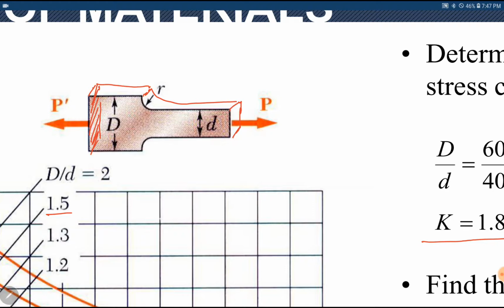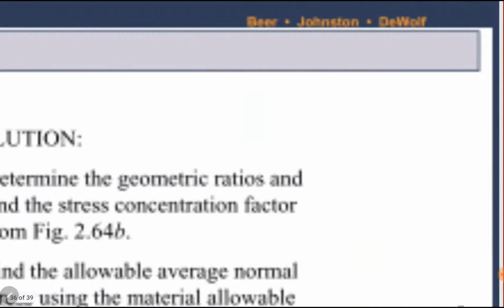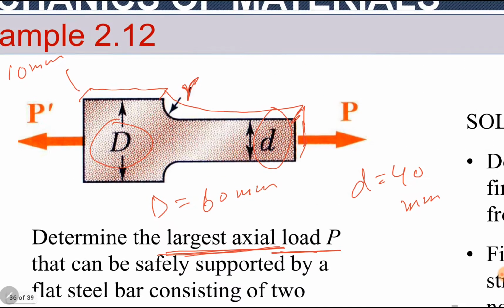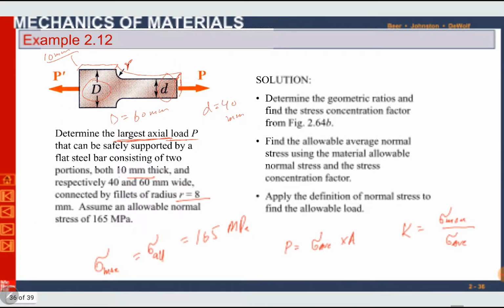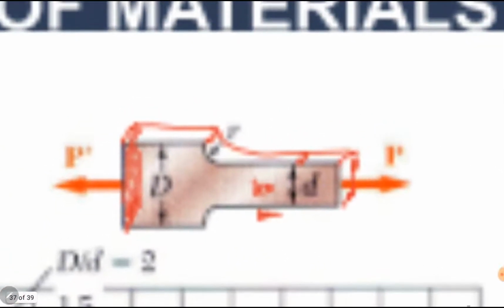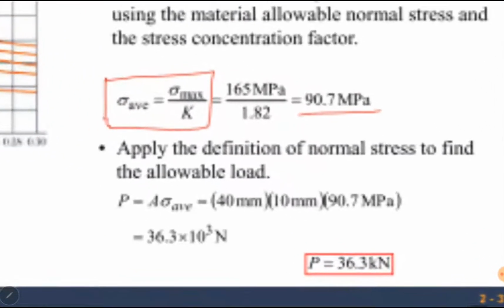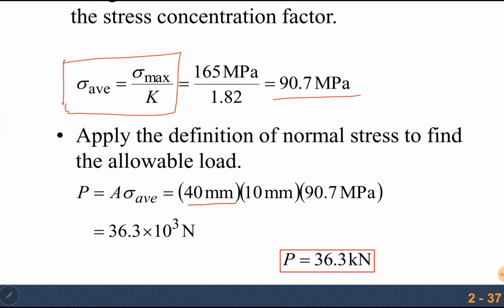So this smallest area is 40 mm times thickness. Thickness is, I guess, 10 mm. Yes, it is 10 mm. So 40 times 10. So area is 40 times 10, and average stress is, already found, 90.7 megapascal.